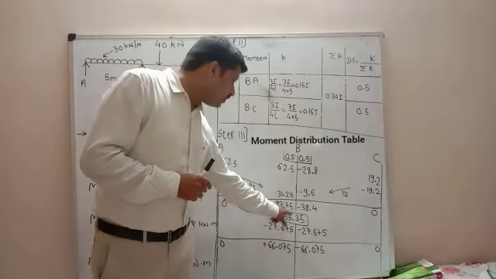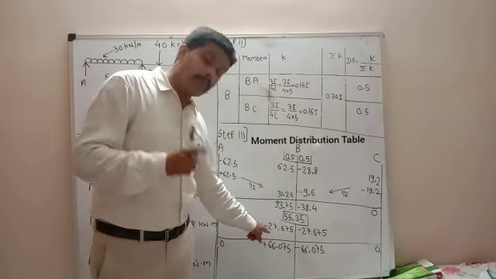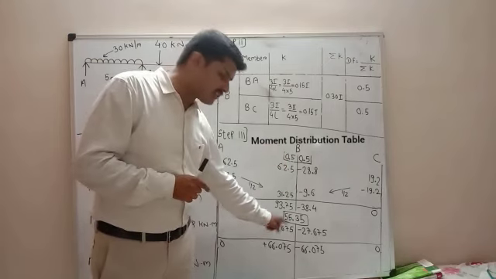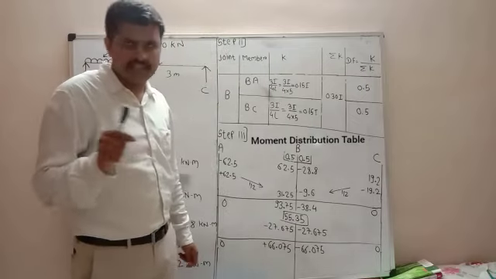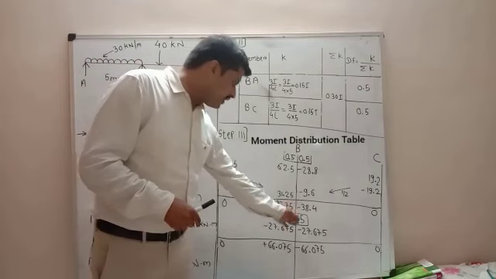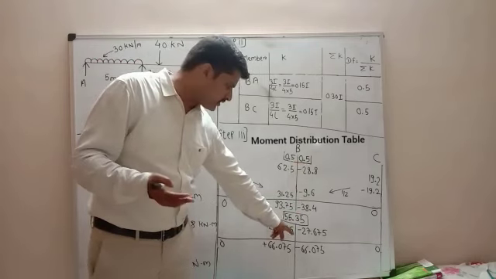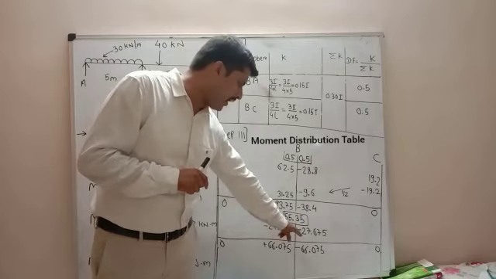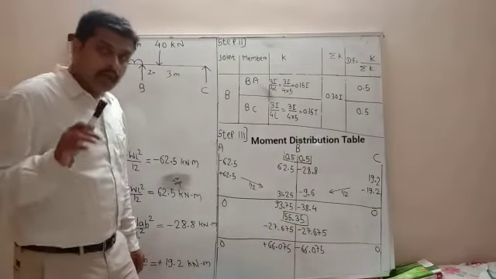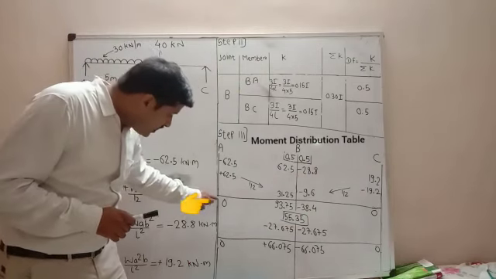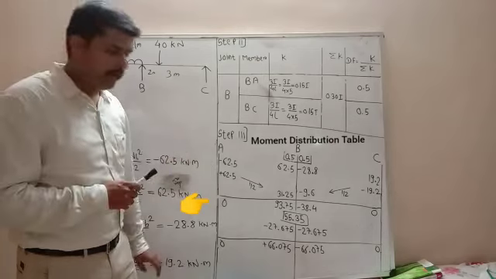So 55.35 into 0.5 will be plus 27.675, but we have to write it as minus 27.675. Similarly, 55.35 into 0.5 is plus 27.675, and we will write minus 27.675.